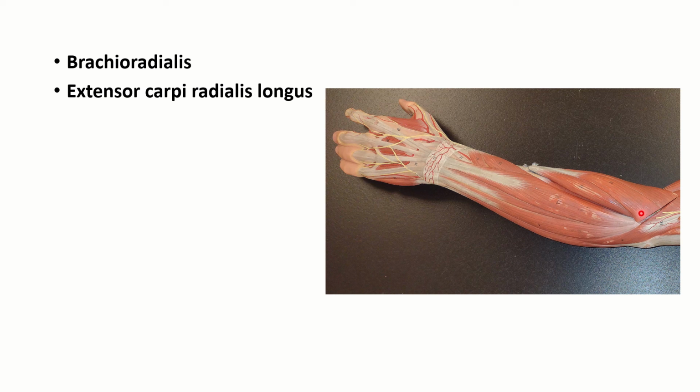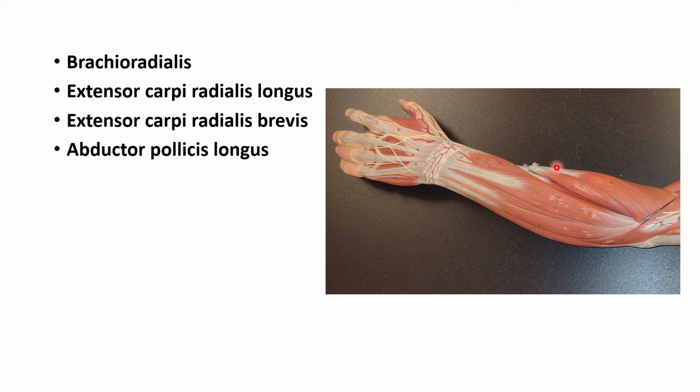Extensor carpi radialis longus. This is the extensor carpi radialis brevis. This is the abductor pollicis longus. This is the extensor pollicis brevis.